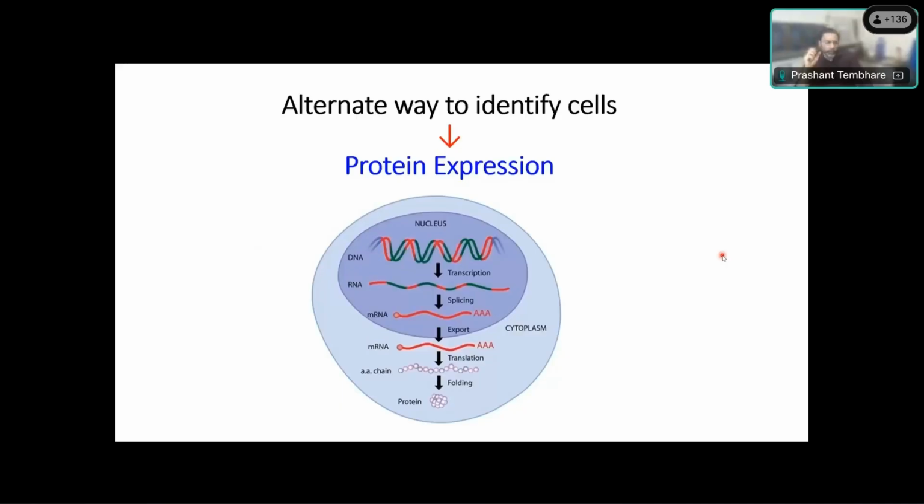We know the central dogma of cells is that we have DNA which gives RNA, and from RNA we get mRNA, and from mRNA we get protein, and these proteins are expressed. Because these are proteins, the expression is tightly controlled by gene expression.